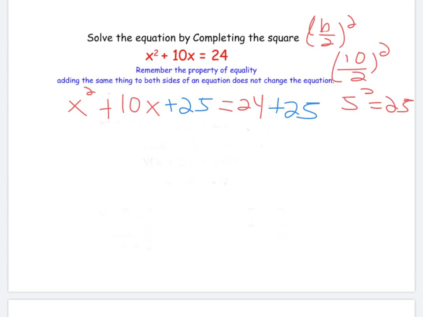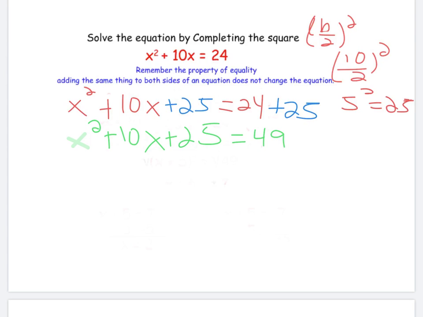So what I want to do now is simplify the right-hand side. Everything on the left would stay the same, so I would have x squared plus 10x plus 25. And if I simplify the right-hand side, I'd be left with 24 plus 25, which would give me 49.